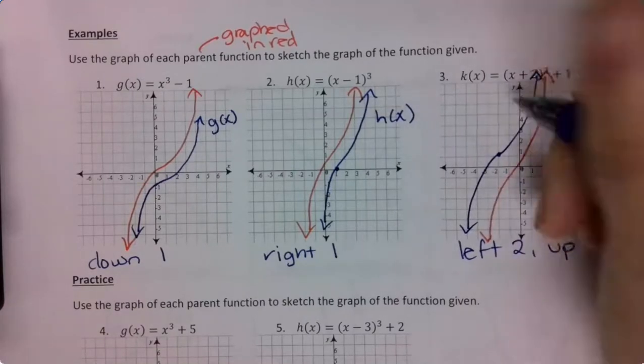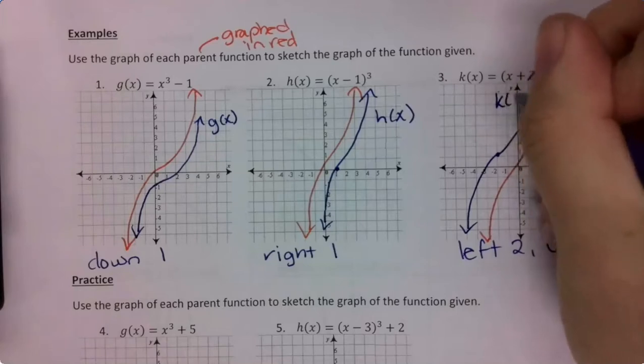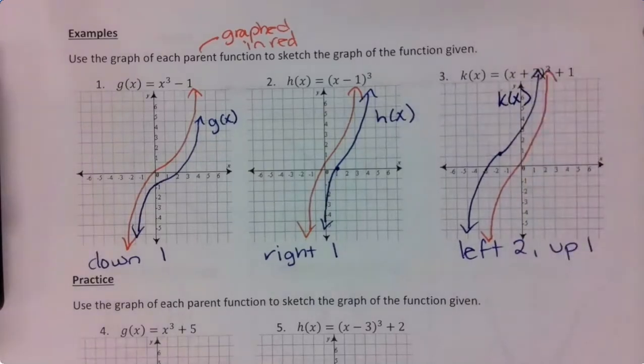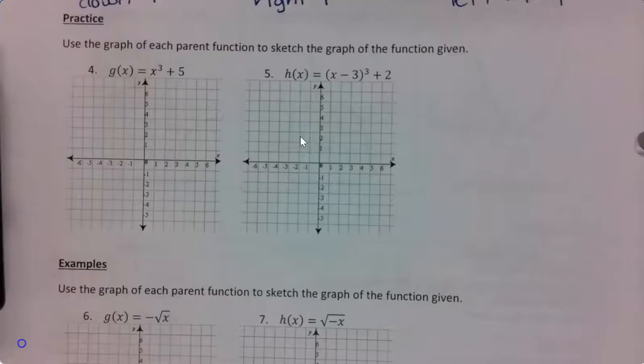This one is k of x. So, questions on 1 through 3? Okay. I'll give you 2 minutes to work on 4 through 5.